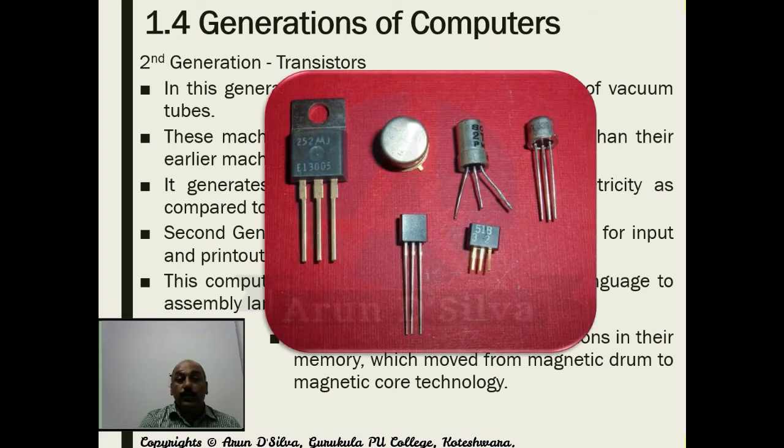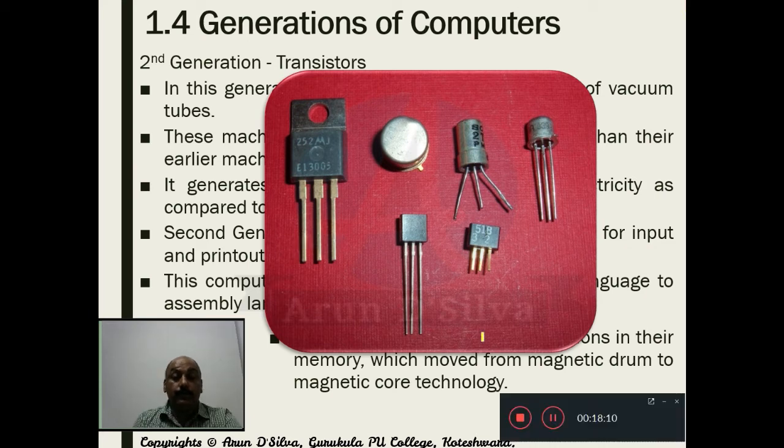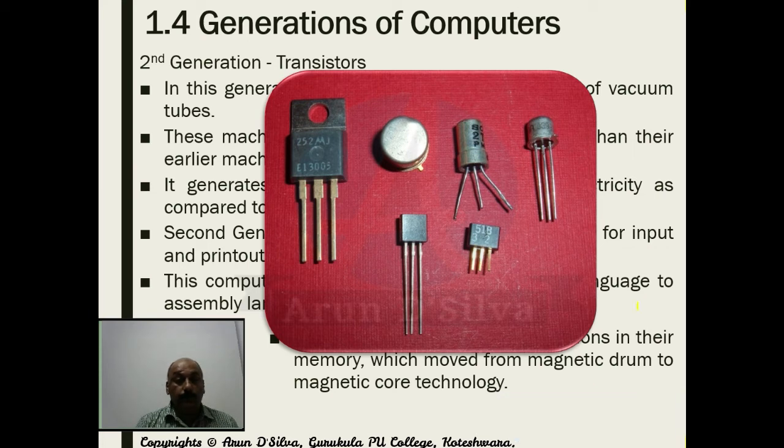So let me show you, these are the transistors. Different types of transistors I have shown in the figure. Normally a transistor will have 3 pins. In a transistor, as I said, 3 inputs are there.